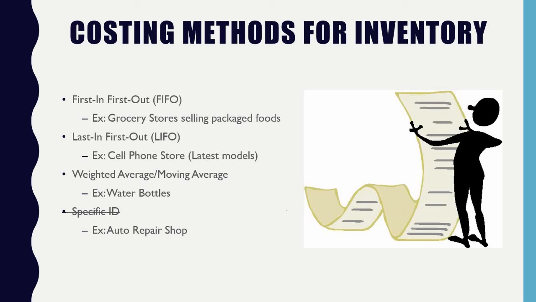So in terms of specific ID, you are marking each one with some kind of serial number, and you're buying that special part for a specific item. So again, at auto repair shops, there's not one water tank that fits all cars. Every car has a different water tank. So there you go.